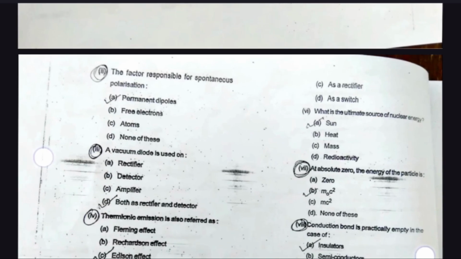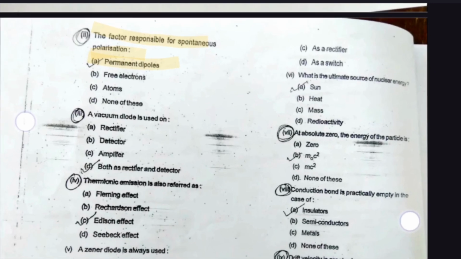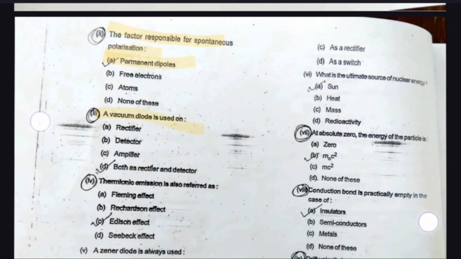Question number 1: ferromagnetic materials are obtained from aluminum. And question number 2: the factor responsible for spontaneous polarization is permanent dipoles. A vacuum diode can be used as both a rectifier and detector.